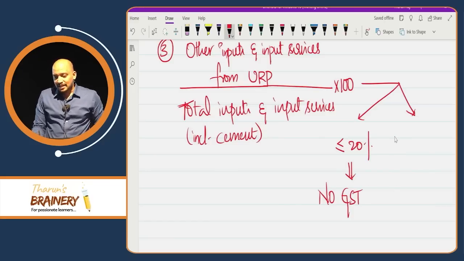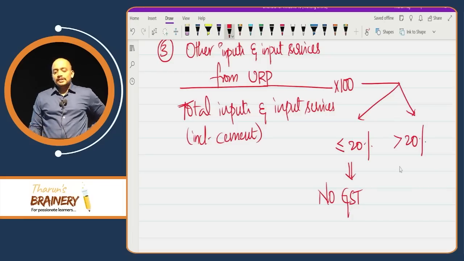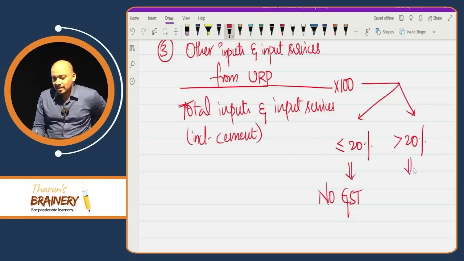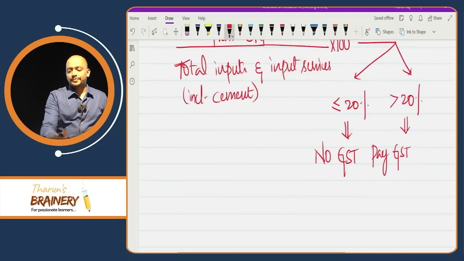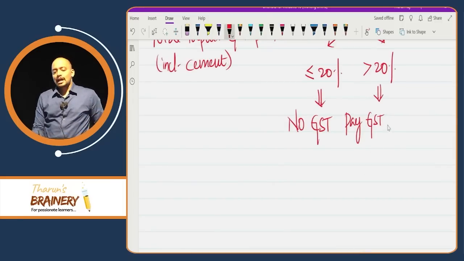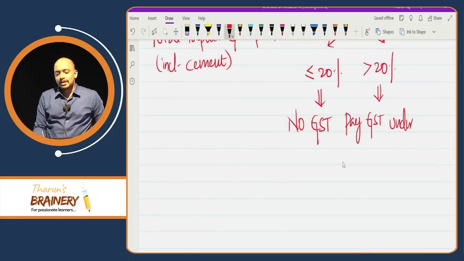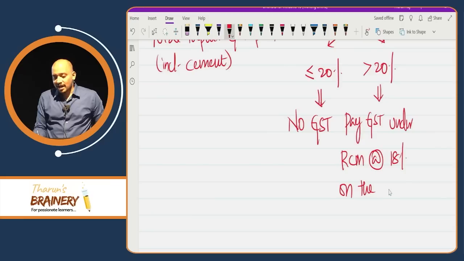If it is greater than 20%, then what you need to do? Pay GST under RCM, pay GST under RCM at what rate? 18% on the difference above 20%.